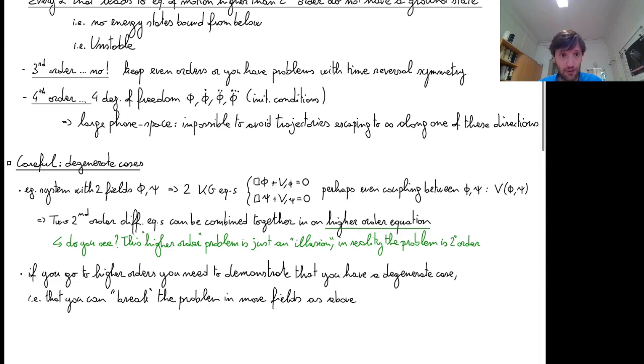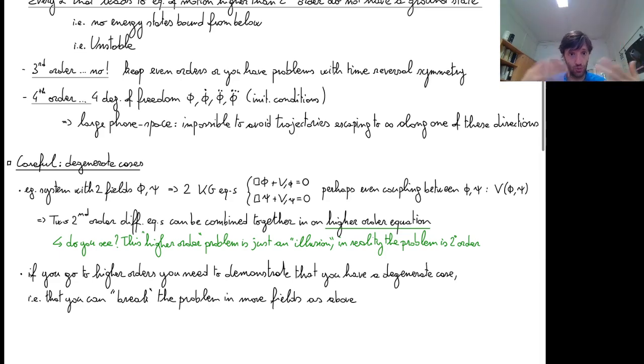And we are going to have them described by two Klein-Gordon equations. Okay? Second order, all is good, all is nice. But then you know that out of two second order differential equations, you can combine them together to create a system of higher order equations. A differential system, one equation which is of higher order. We did this trick the other way around when we started from the second order differential equation of our Klein-Gordon field and split it into first order differential equations.